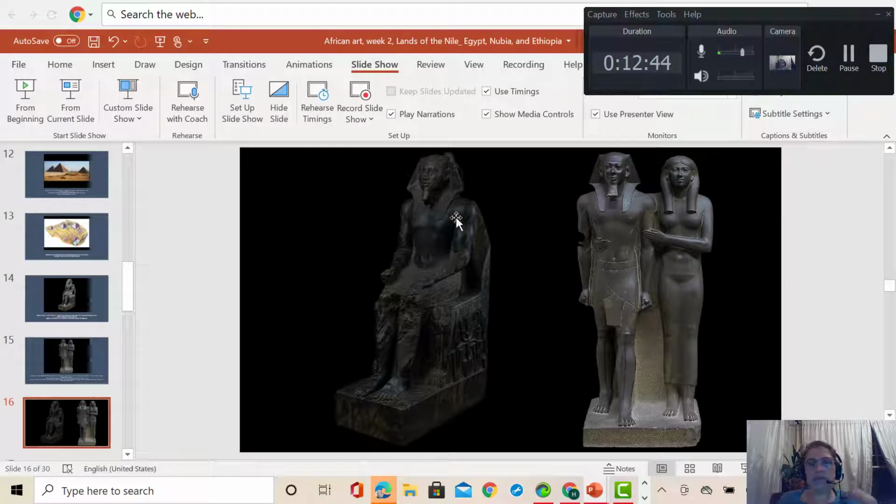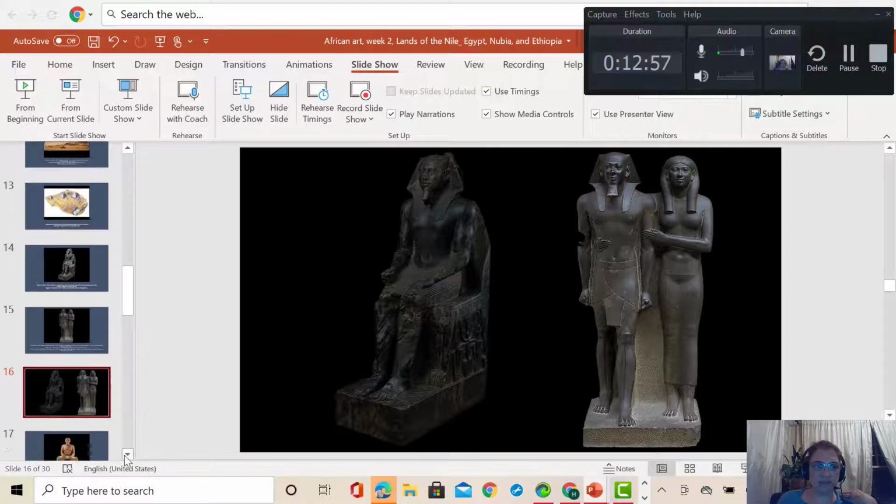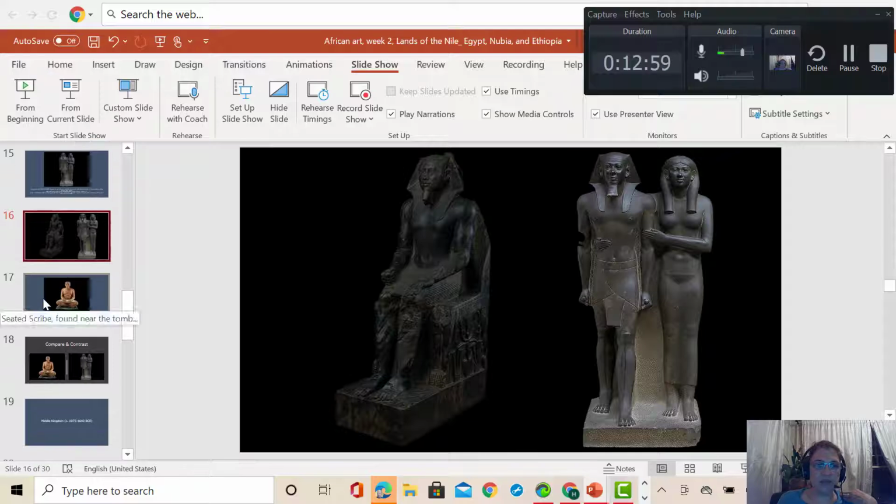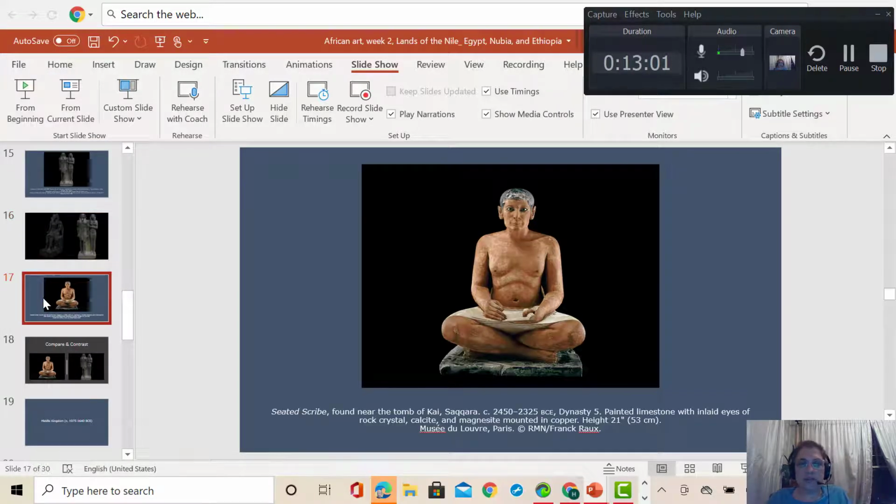Some differences would be that he's sitting, he's standing, he has his queen, he does not have his queen with him. Okay. So we can do a little comparison in that way between them. And even more of a comparison we'll get to is with this person who was a scribe, a person that writes, and this is called the seated scribe.